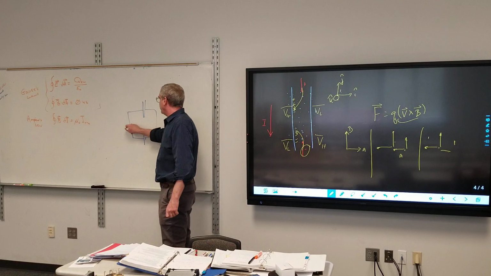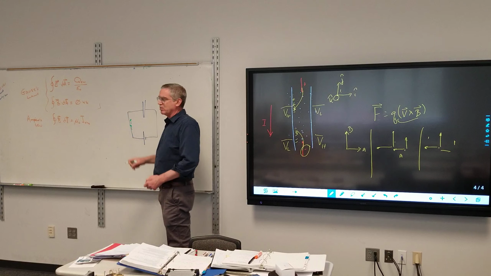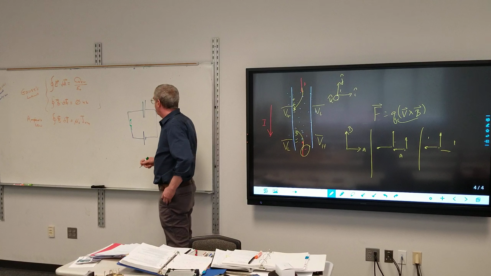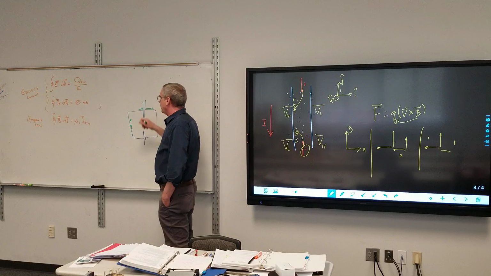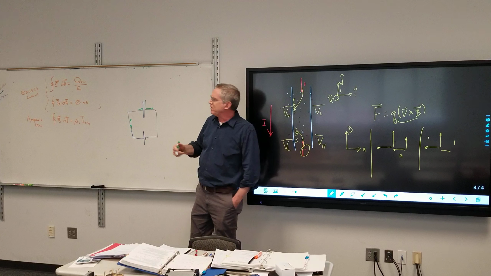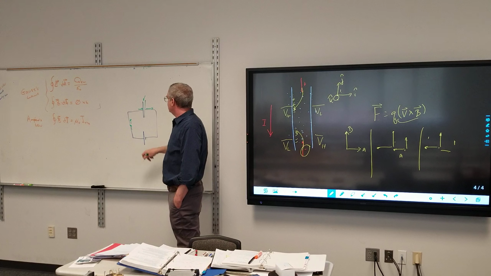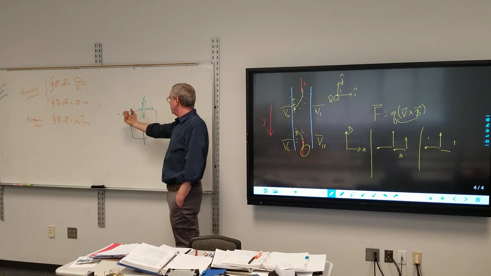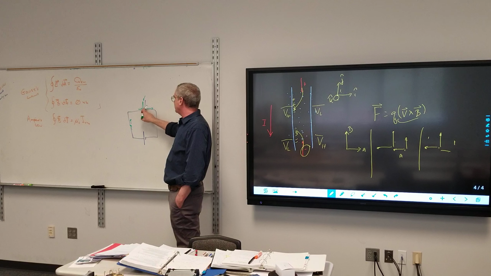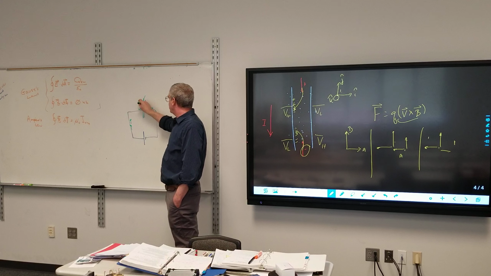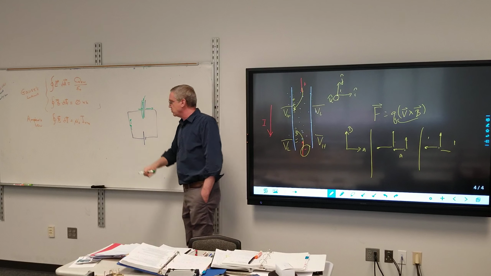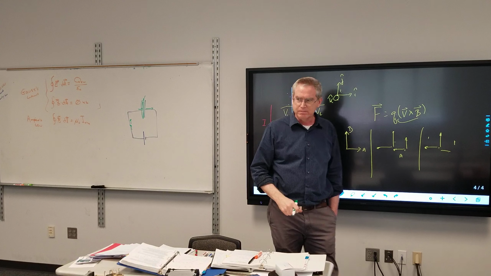So if I look at this point right here, I have some current flowing in, I have the same current flowing out. I have current flowing in here, I have current flowing out there. It seems to hold, except for the fact that I've got this gap right here. If I'm looking at this plate, my current is flowing in, I don't have any charge flowing out of it. What I have is a charge flowing out of the other plate. So there seems to be an exception to the junction rule at this point right here.